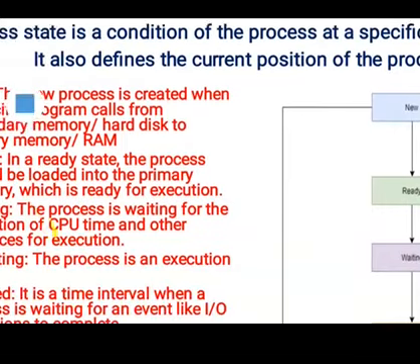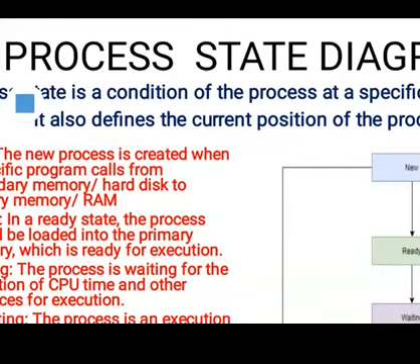First one, new. A new process is created when a specific program is called from secondary memory, or we can say hard disk, into primary memory, i.e. RAM. When we double click any program, it is automatically loaded into main memory.